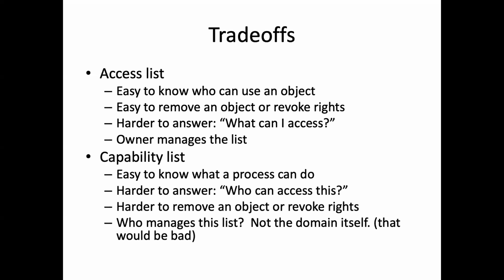If you want to know what you can do if you're running in a particular domain, you've already got a list that does that. But if you wanted to know who can access a particular object, then with a capability list representation, that's a little more difficult. You would have to look at every domain and see who can access a particular object.